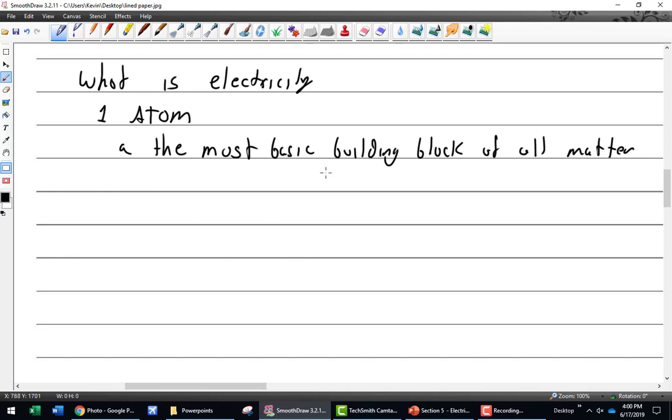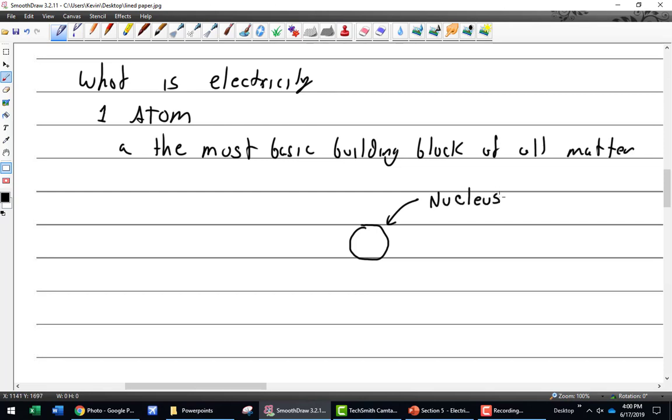And if we were to draw it in a very crude and one-dimensional way, the first thing we have in an atom is a nucleus. That's the center. That's like the nougat center.